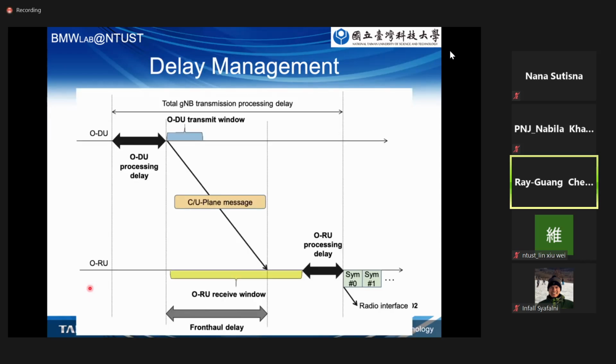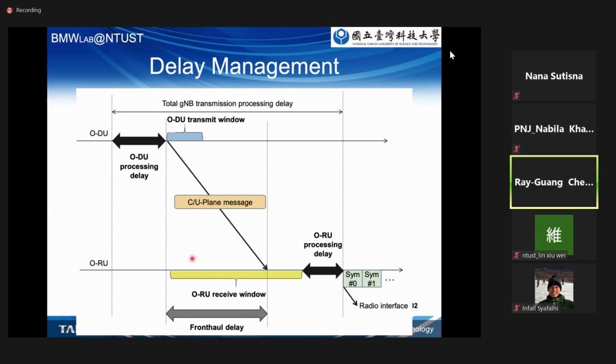For the control plane, for the ODU, delay management is quite important. They need to know the round trip delay, so they use a transmit window to adjust it. The concept is, if you want to transmit a symbol at this time moment, you need to add some time for the ORU processing.